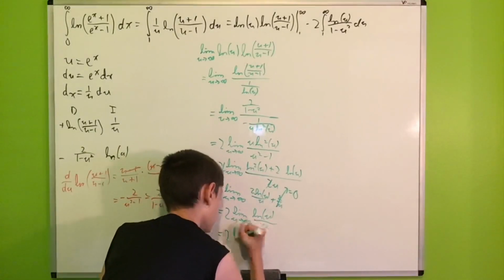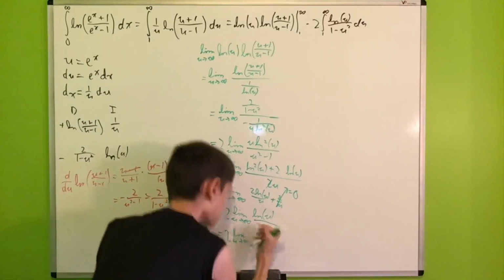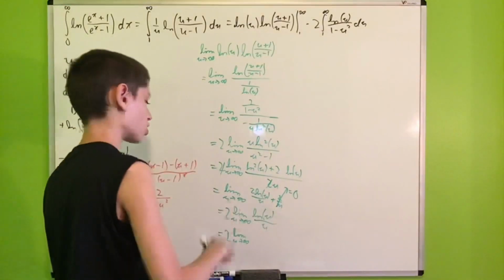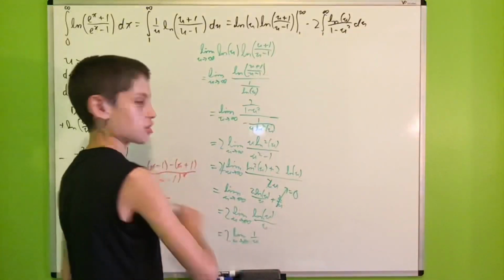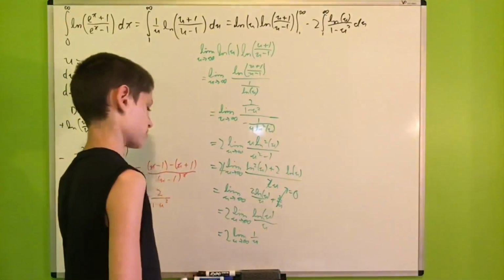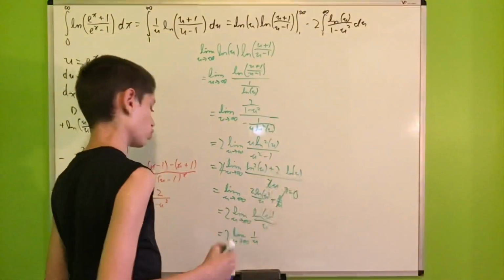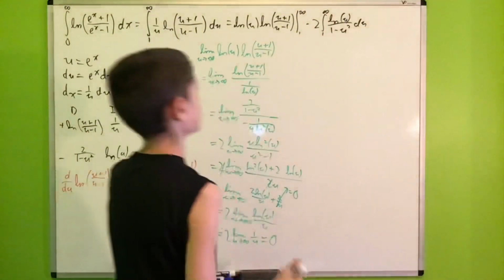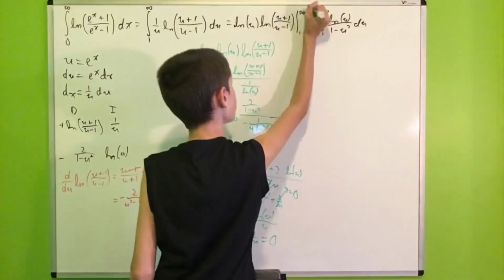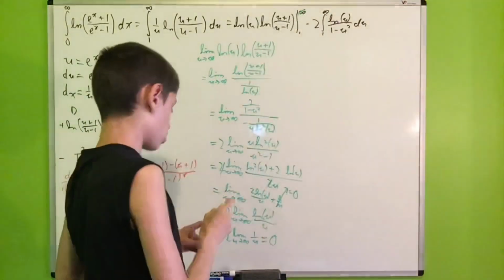So we get the limit as u goes to infinity of, derivative of natural log of u is 1 over u, and then derivative of the bottom is just 1, so we don't need to care about this. And then as u goes to infinity, 1 over u goes to 0, so we get 0 times 2, 0 times anything is 0, so this goes to 0. Therefore, at infinity, this thing will go to 0.